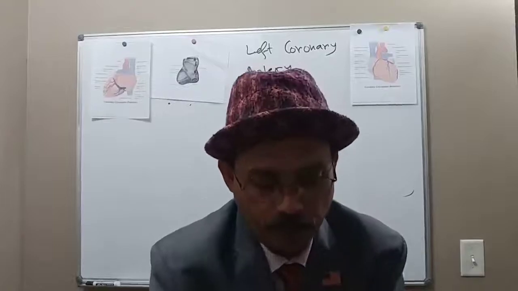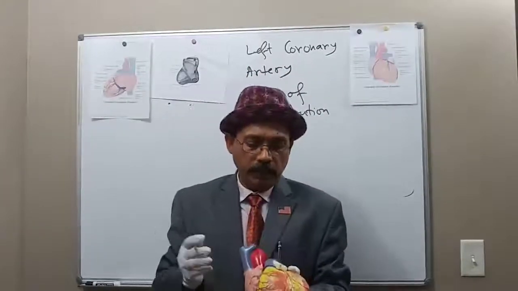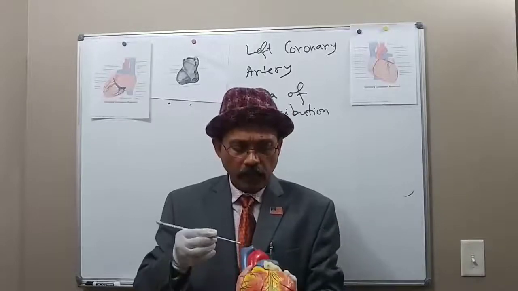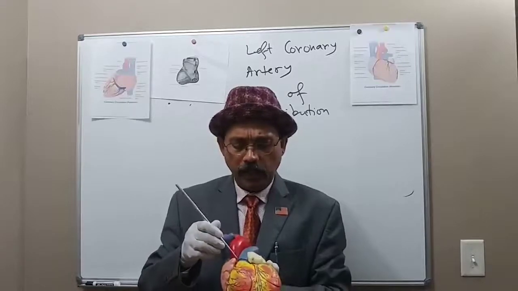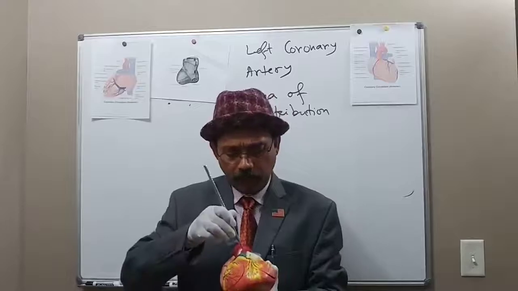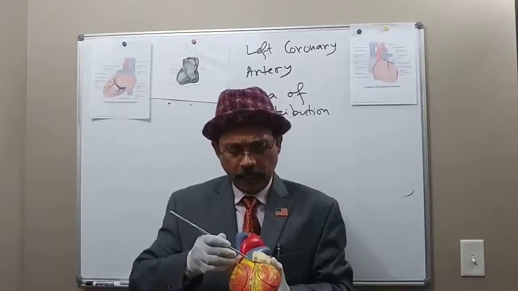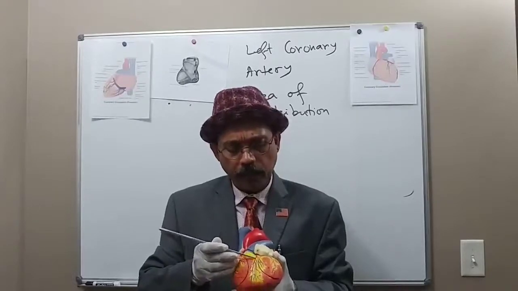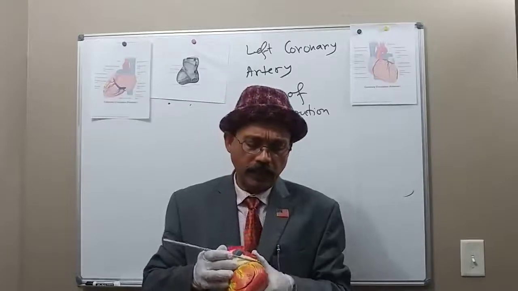If we go to this model again, this is the ascending aorta. We have the right coronary artery. The origin of the left coronary artery is hidden by the pulmonary trunk and left auricle, but I'm seeing a small part of it. Here it splits into the anterior interventricular artery and the circumflex artery.